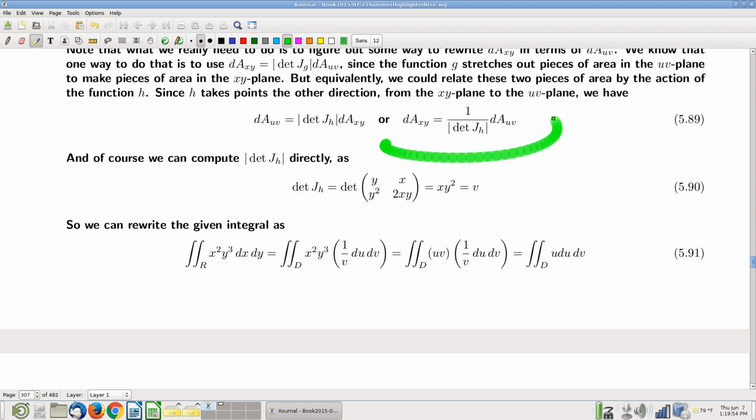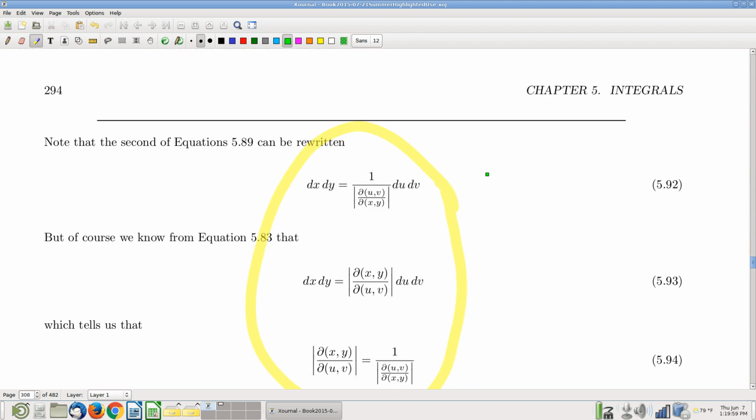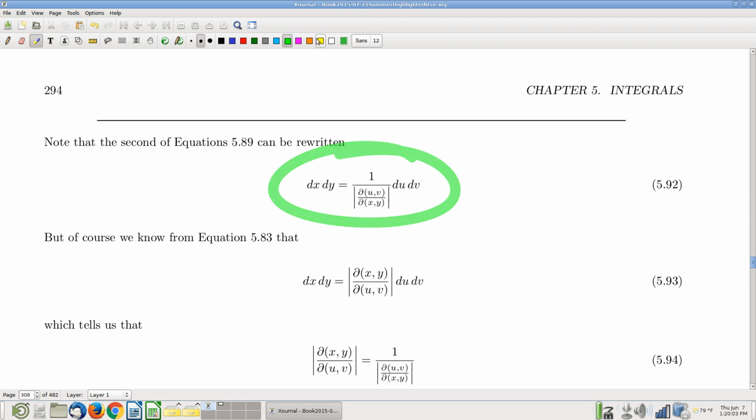So I want to write that a different way, though. This formula here, the reciprocal stretching factor, if you write this in terms of this alternative notation, there's the reciprocal of the stretching factor that we just computed. And notice that even though I don't know how to write x and y as functions of u and v, if I could hypothetically write x and y in terms of u and v, this is how that would go down.